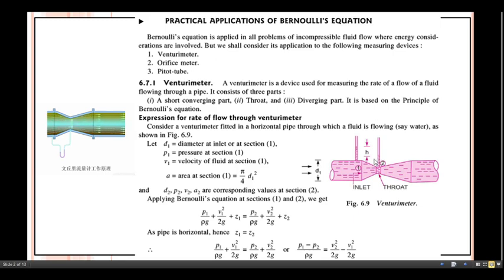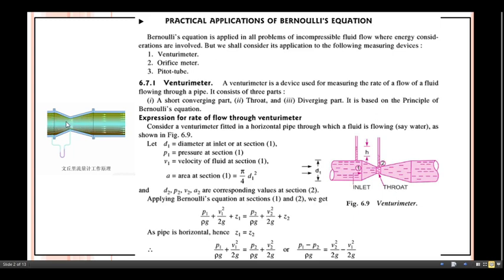Applying Bernoulli's equation at section number 1 and section number 2. This can be made clearer with the help of this diagram of the Venturimeter. Here the flow comes from the converging portion, then passes through the throat portion, and is again diverted through the diverging portion.